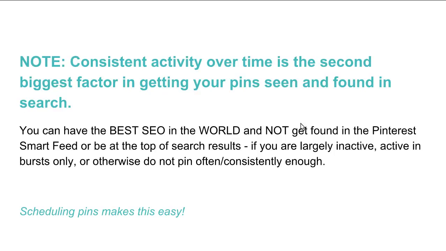Pinterest, in addition to taking in keyword terms, factors in the number of followers that an account has and how active an account is, because they consider people who have a large amount of followers or are consistently gaining followers and who are putting new content out there consistently to be high quality pinners.